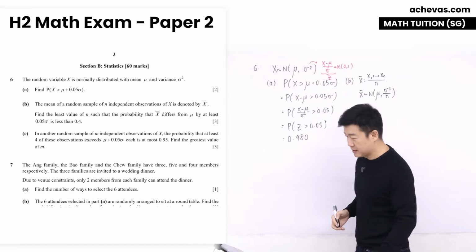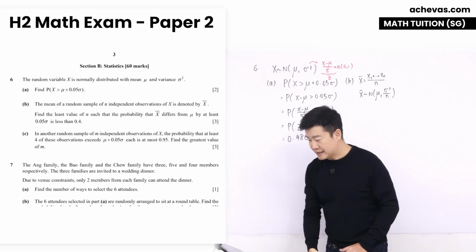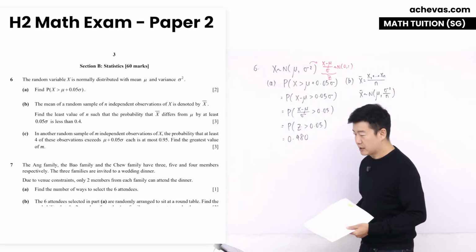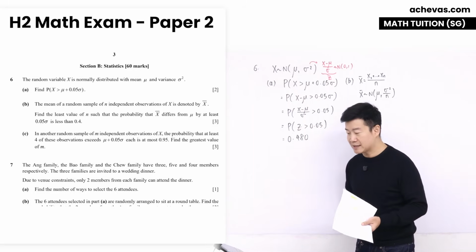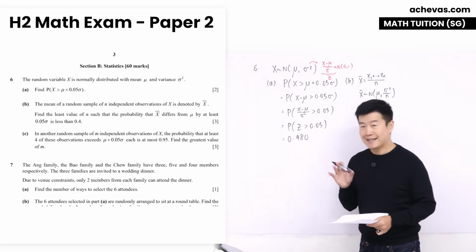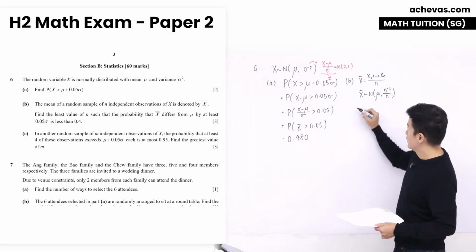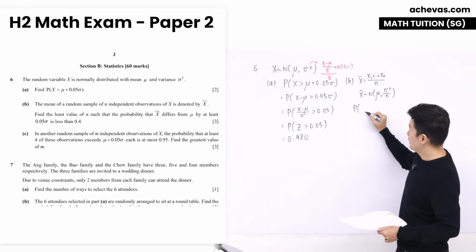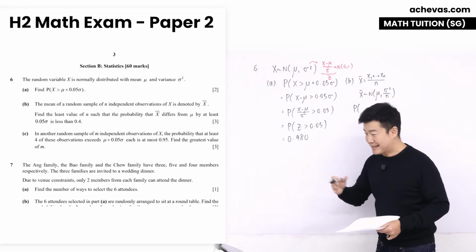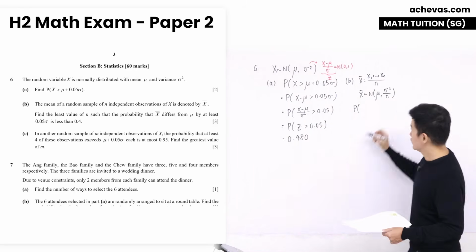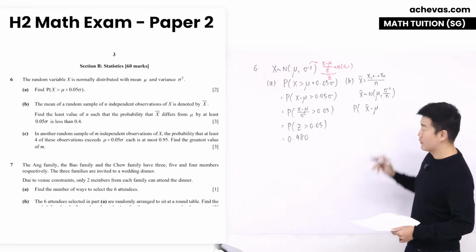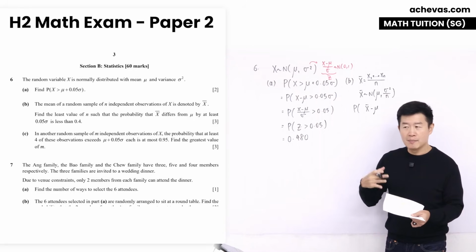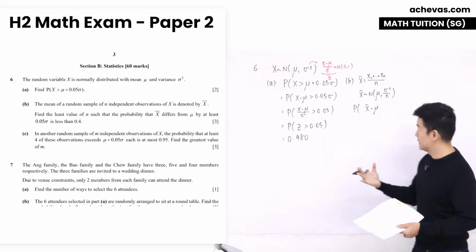And the question says this: we are supposed to find the least value of n such that the probability of X bar differs from mu by at least 0.05 is at least 0.4. So for my interpretation, we are talking about X bar differs from mu. So the word differs tells me that we will need to look at the difference between X bar and mu, but we don't really know which one is bigger.